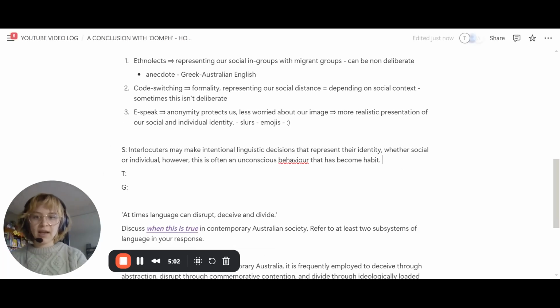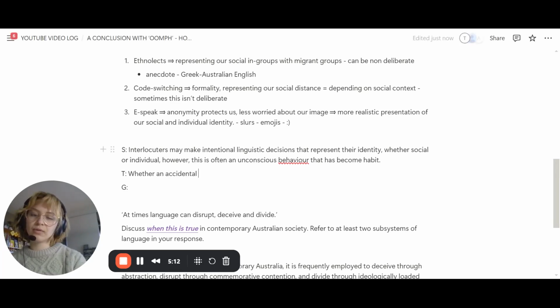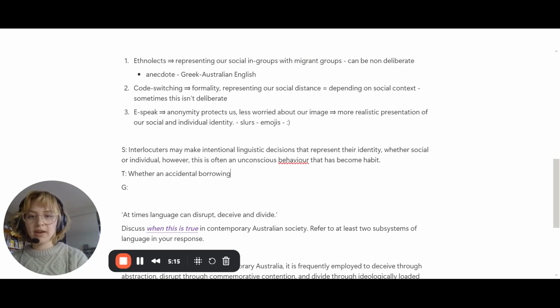So here we're going to go: whether an accidental borrowing from a first or home language from another language in migrant households.